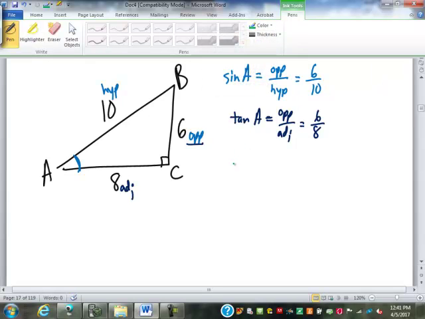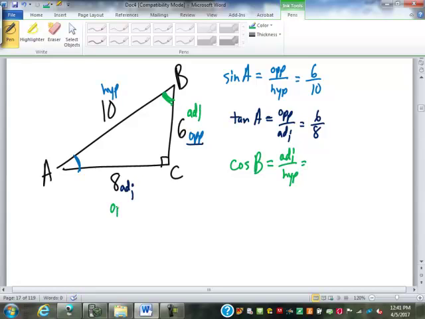How about the cosine of angle B? Cosine is adjacent over hypotenuse. But if we're looking at angle B here, which side is the adjacent side? The 6 is.